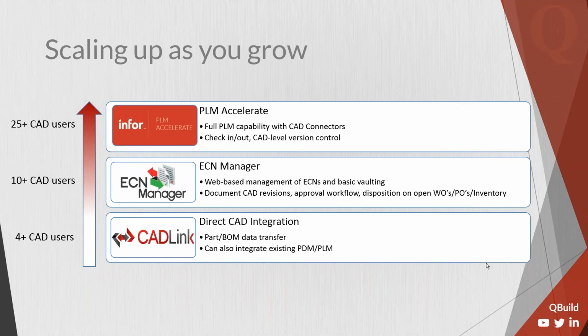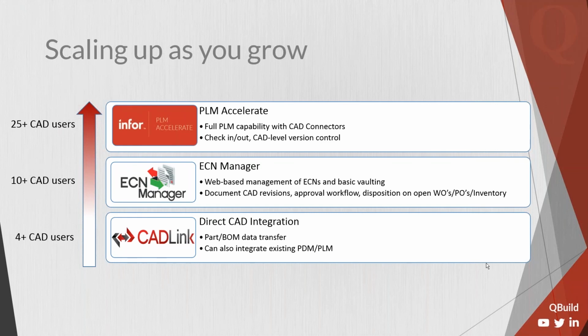Once you get to the 10 CAD user mark, you're going to start wanting to think about engineering change and workflow, in which we have an ECN manager application that fits nicely and integrates completely with CADLink and CSI to conduct the engineering change approvals and controlling those things when bill of materials changes happen and require those approvals.